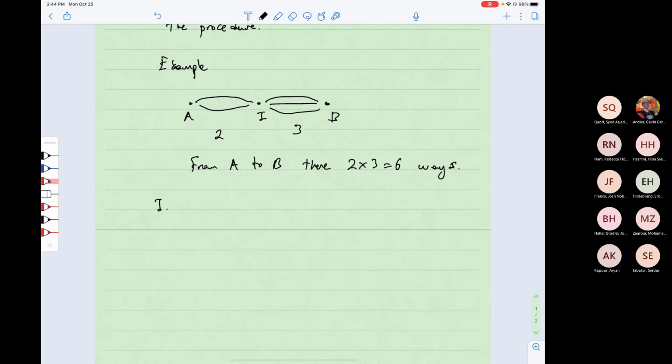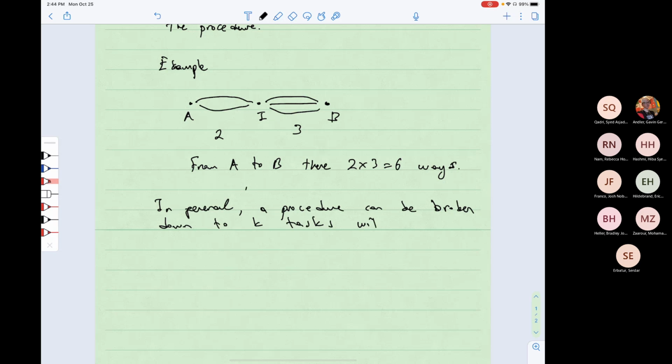In general, a procedure can be broken down to k tasks with n1, n2, dot dot dot, nk ways to be performed.